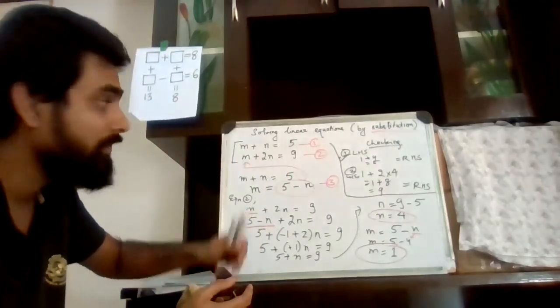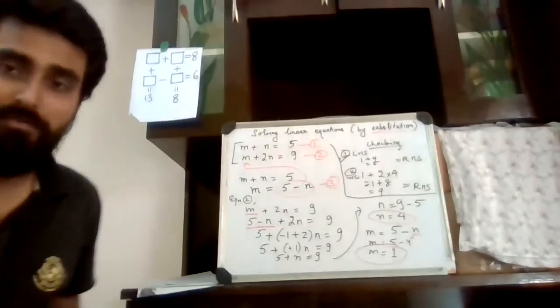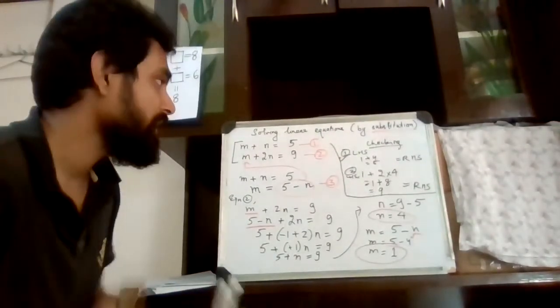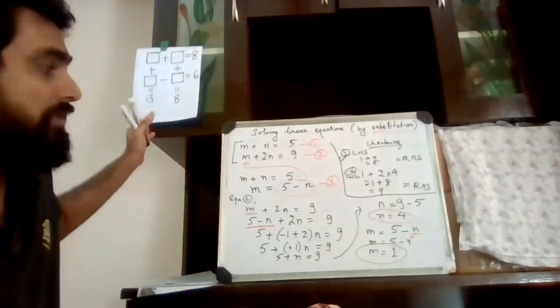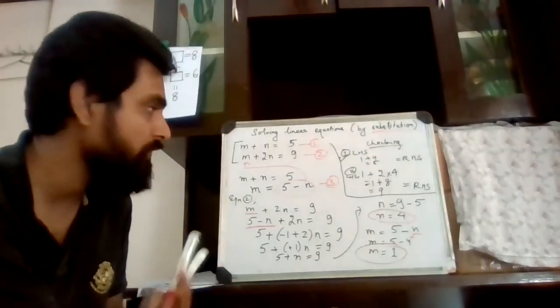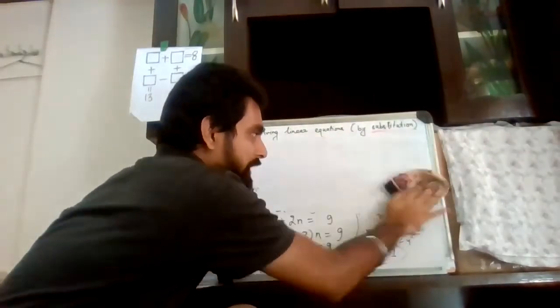So what you're going to do right now is maybe watch this again. Okay, I'm going to rub this off. I'm going to put a new question for you. All right, before we go to this, just a simple question which has two variables. You're going to try solving it by using substitution.